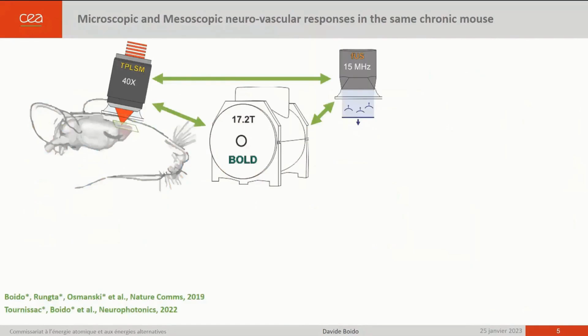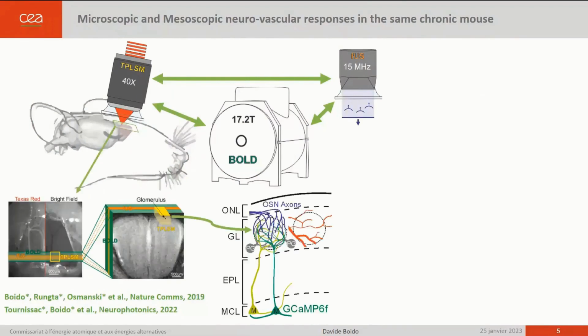To get the answers to the previous questions, we developed a mouse preparation suitable for chronic recordings across many neuroimaging techniques: functional ultrasound, two-photon microscopy, and BOLD fMRI. We replaced the bone over the olfactory bulb with a special plastic cover that is transparent to ultrasound and light, and it is devoid of any artifact for BOLD fMRI. A step-by-step method paper for this preparation is indicated in the citations.